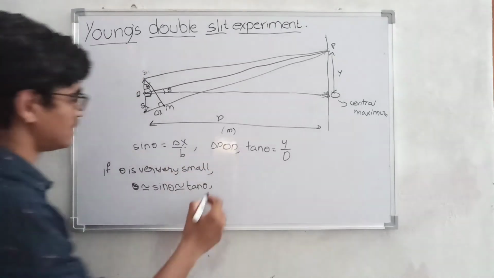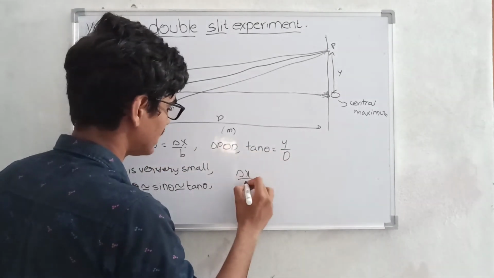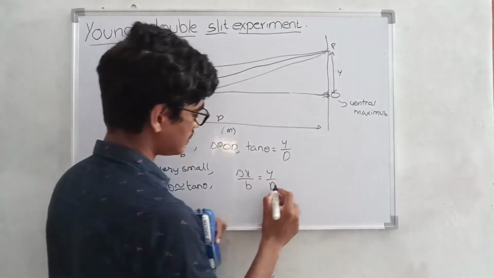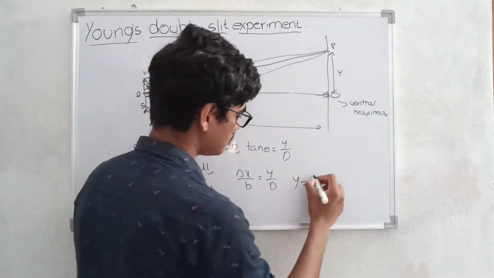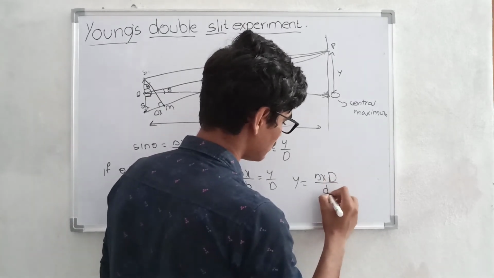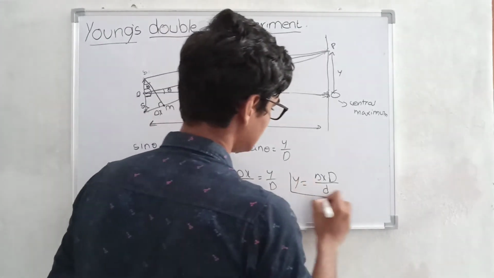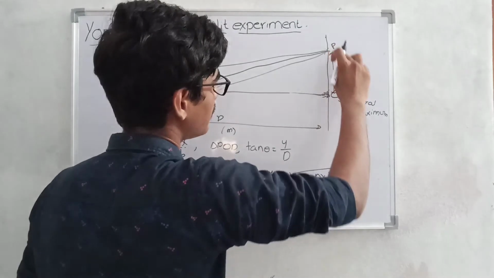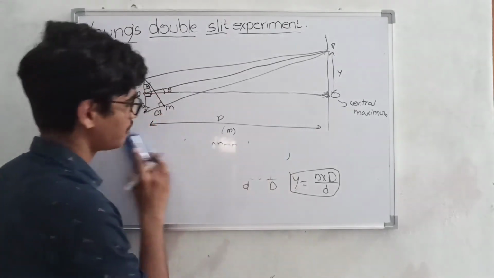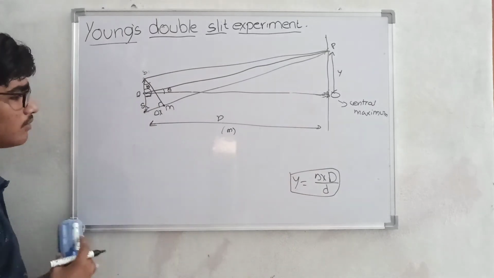So we can write sin theta equal to tan theta. So delta x by small d is equal to y by capital D, and we can write y is equal to delta x into capital D by small d. This is y, the position of the point from the central maximum. We have to remember this formula to get the position of a point from the central maximum.